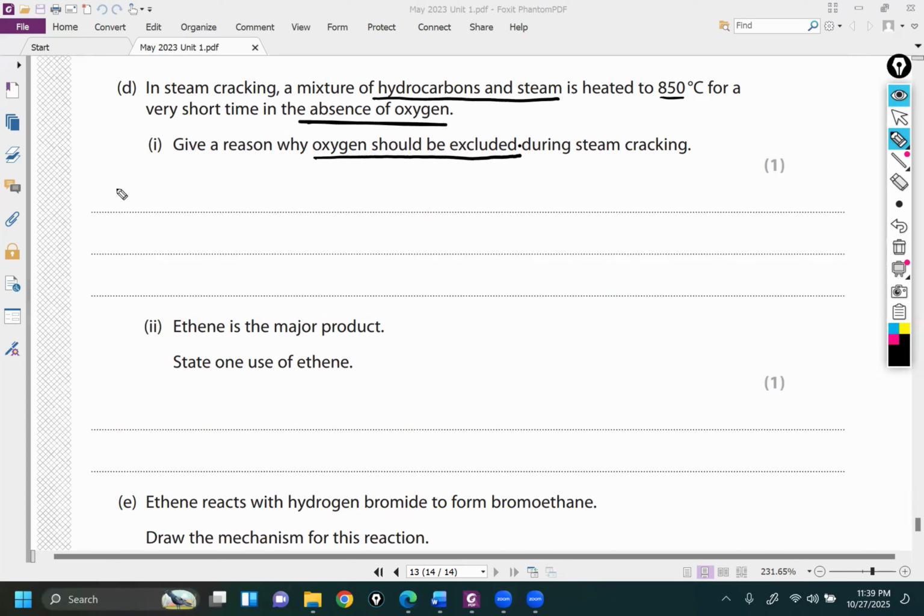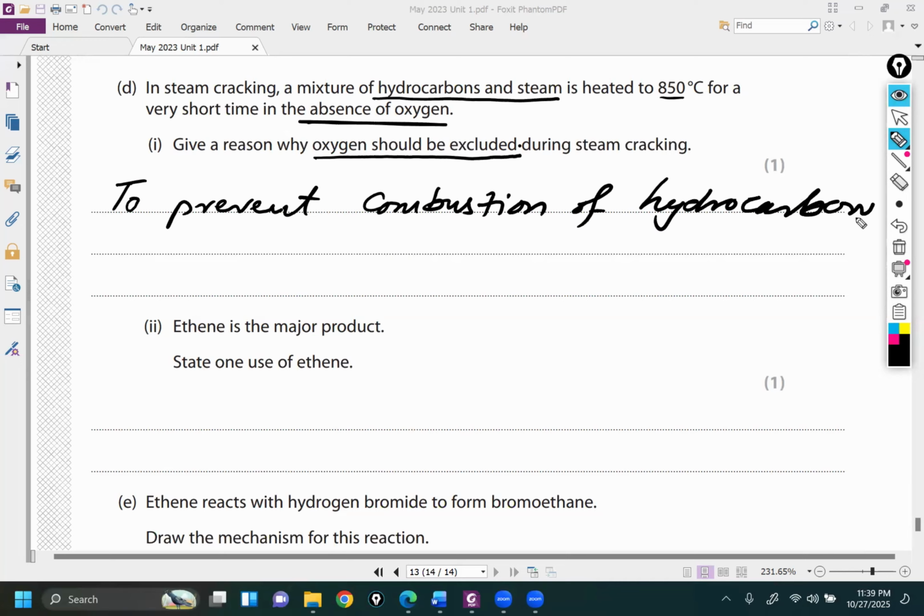Why? It will combust the hydrocarbon. So to prevent combustion of hydrocarbons, an easy question. If there is no oxygen, there is no combustion, and the hydrocarbon will be cracked.